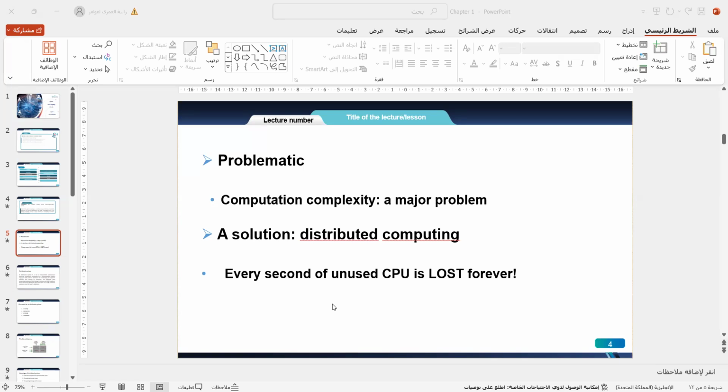Let's focus on these main elements, which are nodes, networks, software, protocols. What do we mean by nodes?